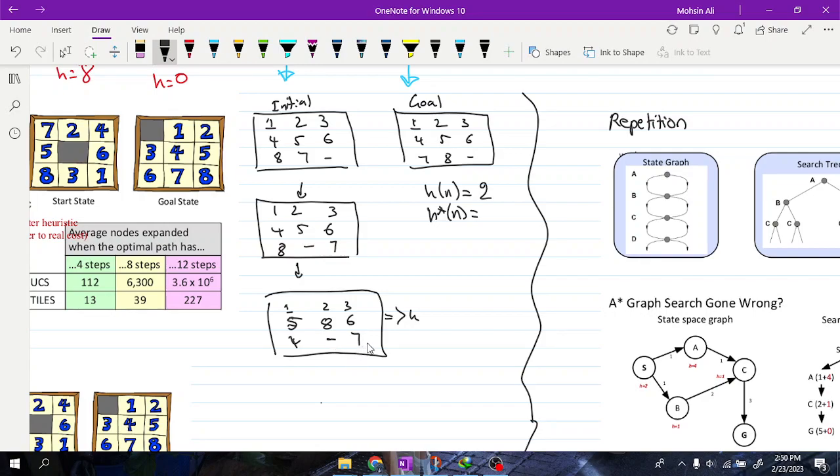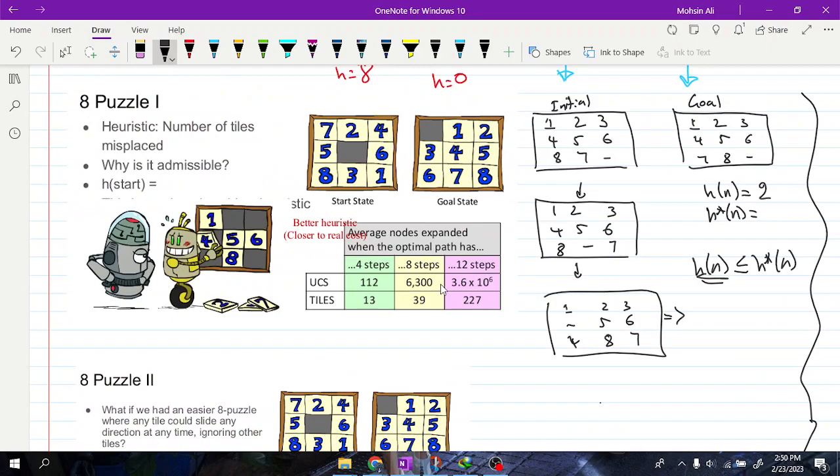Then we're going to have a dash over here, then we're going to put 7 towards this dash, then we're going to put the dash up there, so the dash comes here, this comes there, and then 8 is going to go there. And you can see that this is taking a lot of steps. So the heuristic that we just calculated is much less than what we actually need to do. So that's the reason why our heuristic is in fact admissible.